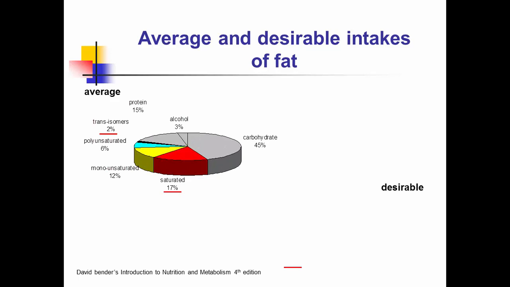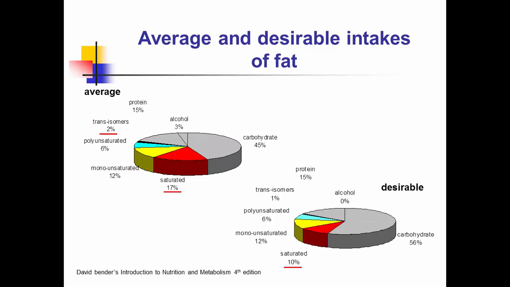And for the fat, we wish saturated fatty acids would only account for 10%, but we actually have higher than 10%, like 17% in our diet. And also we have 2% trans fat in our diet. We wish to have 0 trans fat, or actually 1%, right?